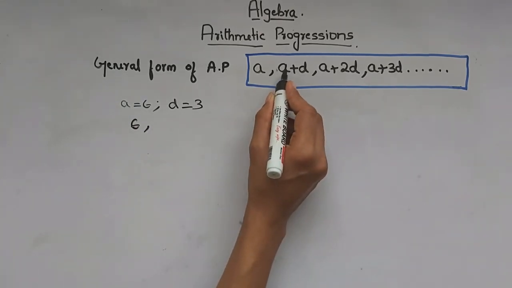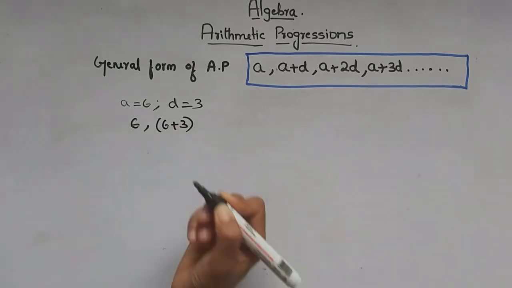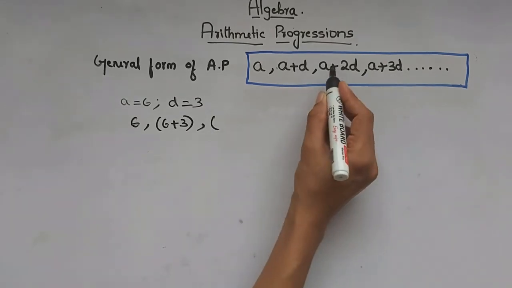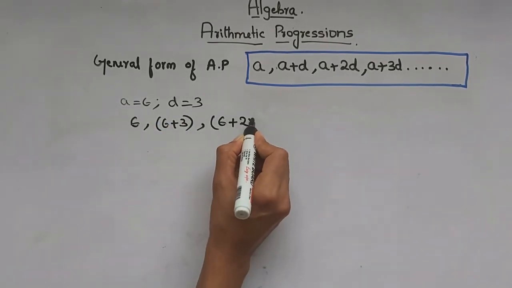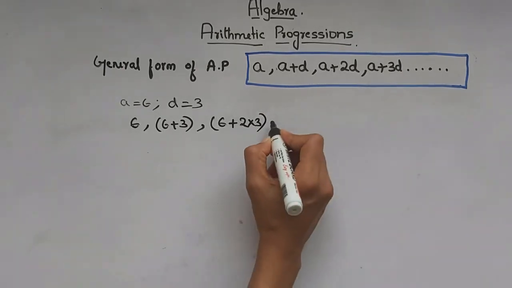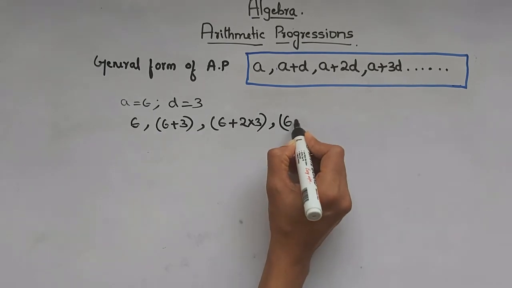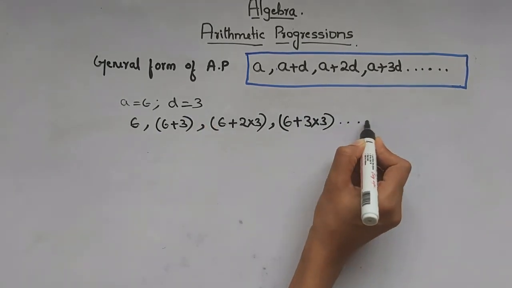So second term is a plus d, here a is 6 plus 3, right? And your third term is a plus 2d, here a is 6 plus d is 3, 2 into 3, right? And your fourth term is a plus 3d, a is 6 plus 3 into d is 3 and so on.